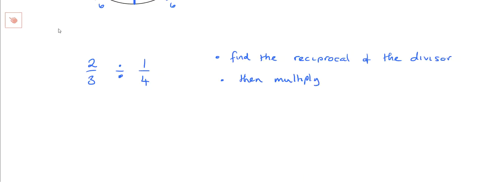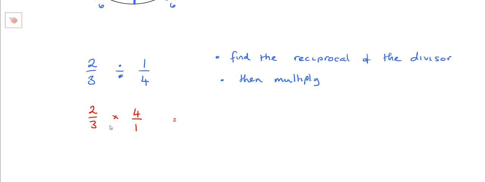So the actual calculation would be 2/3 times 4/1. Make sense? 4/1 is the same as 4. But what would the answer then be? Can we simplify here first?